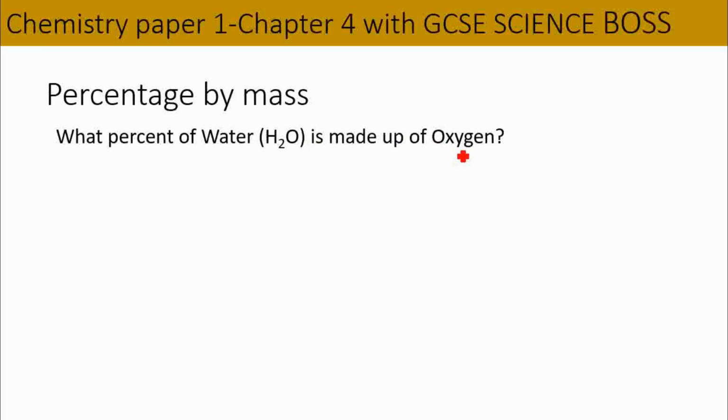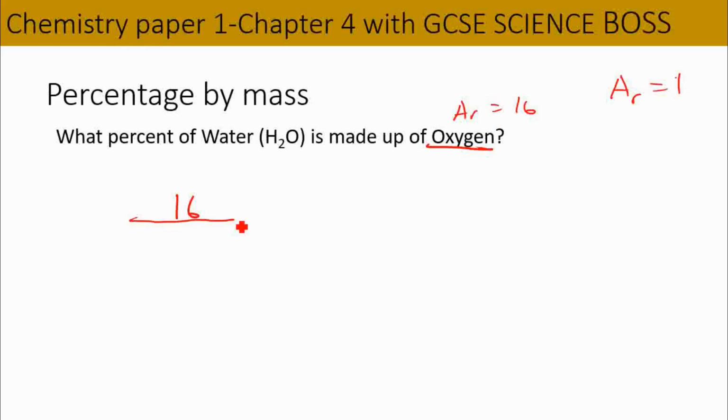Percentage by mass of oxygen in water. So what we're going to do is it's going to be 16, because we're trying to find oxygen. In the periodic table, the AR for oxygen is 16 and the AR for hydrogen is 1.